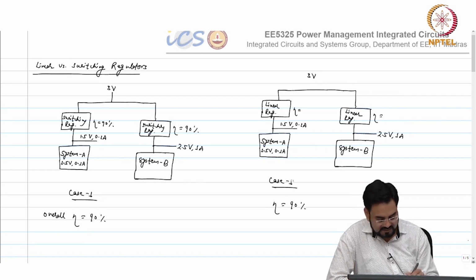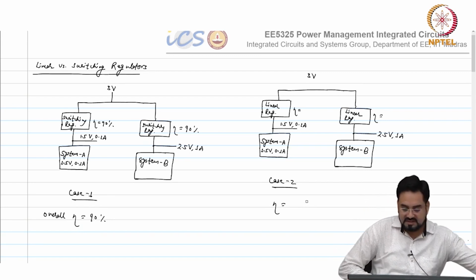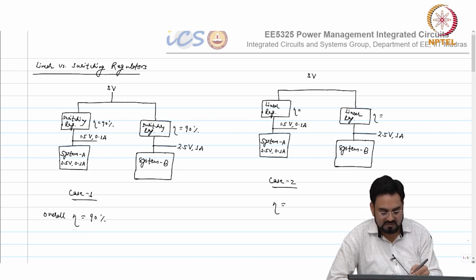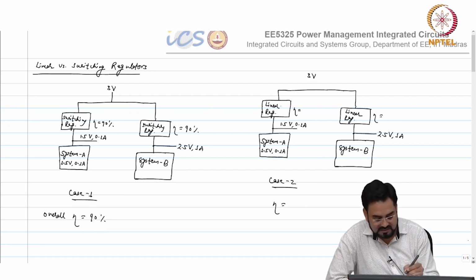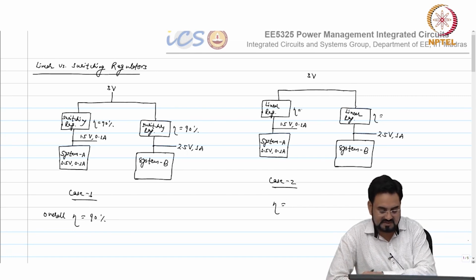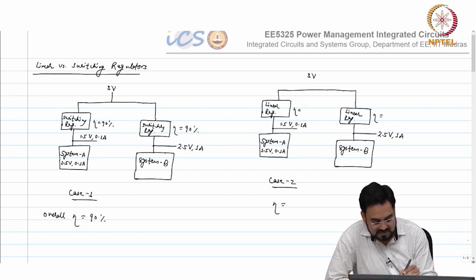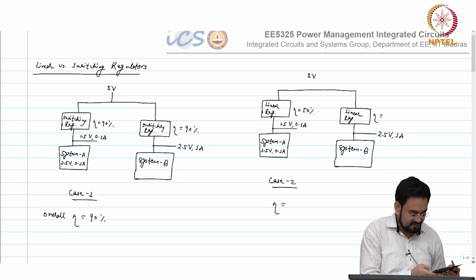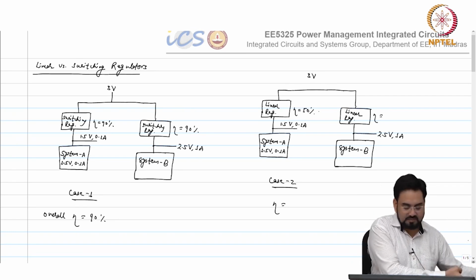So I will delete this, and this is your case 2. The efficiency here is 50% because we are dropping 1.5 volt, and efficiency is nothing but V out over V in. So this is 50%. The efficiency in this case is 2.5 over 3, 83.33%.